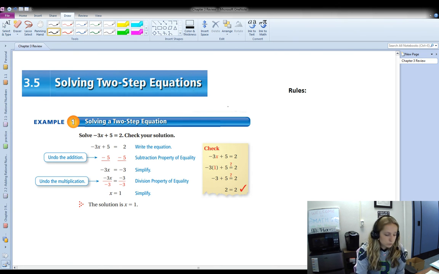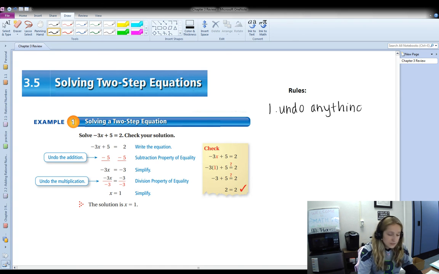And the rules for this are: the first rule is you are going to want to undo anything not attached to the variable. Okay?